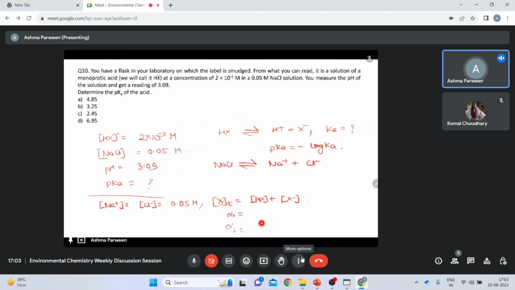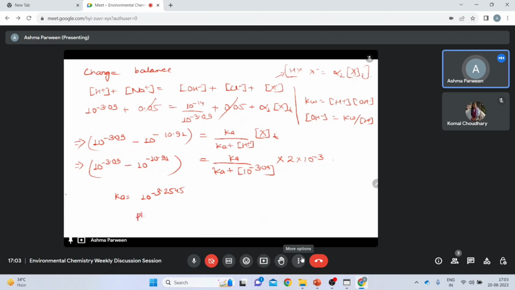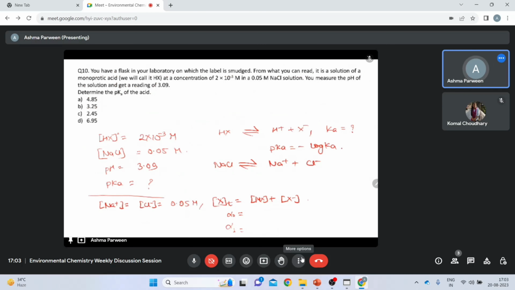So as I have told you, pK is nothing but minus log of Ka. So minus log of 10 raised to power minus 3.2545 will give us the value as 3.2545. So this is the correct answer. That is B is the correct answer.